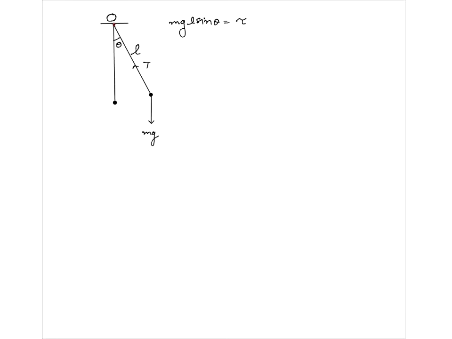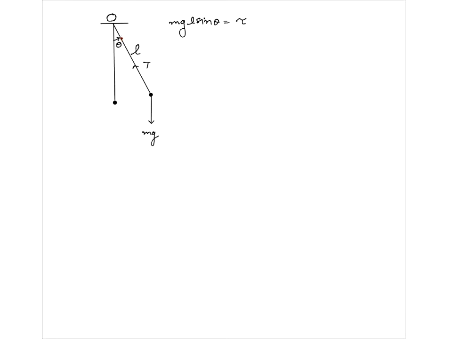Now clearly, this torque is trying to turn it clockwise. Theta is this. From the mean position, it is anti-clockwise angle. Torque is trying to turn it clockwise. So they have opposite sense. I have not put minus sign, so you can take it that I am dealing with mod.